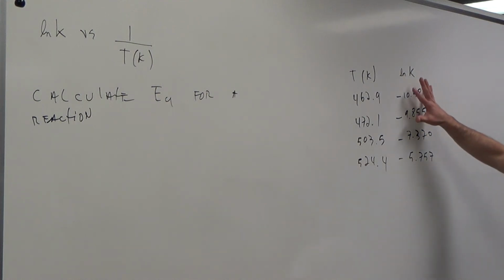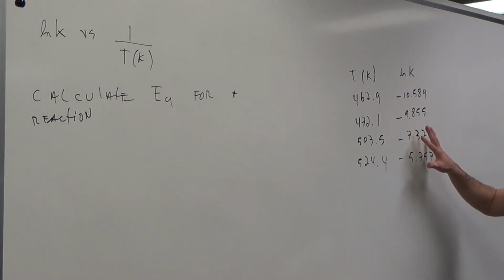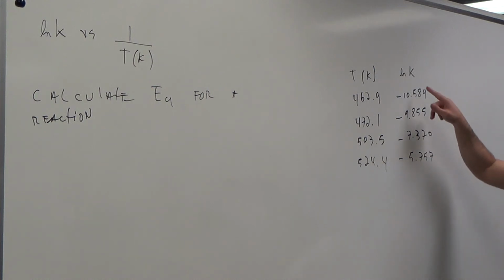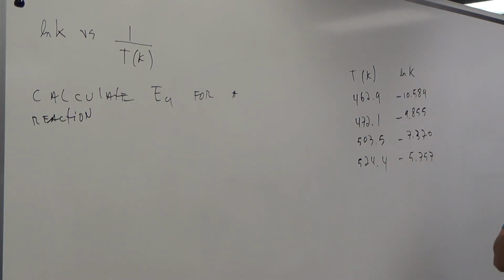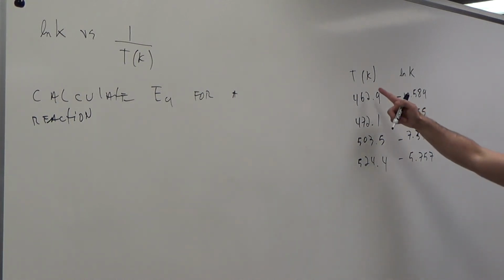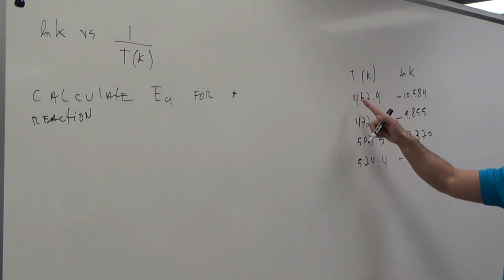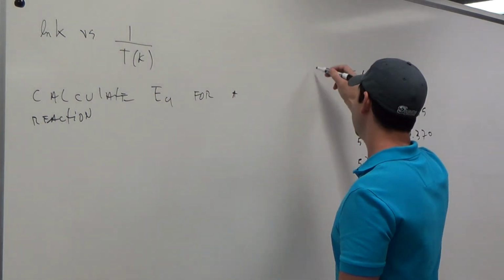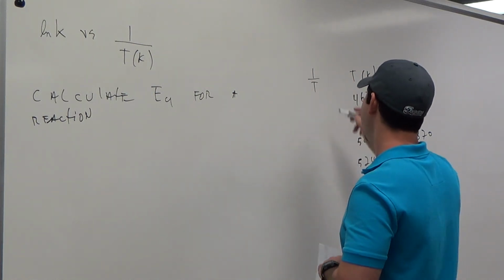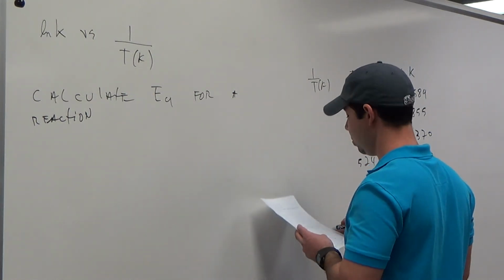Tell me, where did I get these numbers from? From the rate law. I calculated K from the rate law. It is a number, and then I did what with that number? You LN'd it. I said ln of that number is a key on your calculator, yes? Yep. And I got these. Can I plot this already? Yep. What do I plot? 1 over T. So I gotta do 1 over T, yes? So I hid that from you. Let's see if you'll notice.